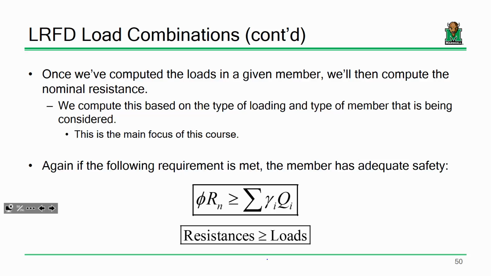After that, what we would then do is say, okay, what if we don't know what our factored resistance is? What if we're in design stage? The question is, how deep does that beam need to be? How much rebar do we need to place in that element to ensure that phi RN is greater than our factored loads? Sound good?